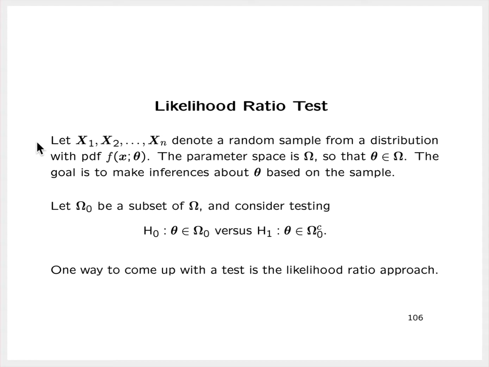What's the general idea? Well, let's look at the setup, the framework. Let bold x1, bold x2, and so forth out to bold xn denote a random sample from a distribution that has a PDF that we'll denote by lowercase f.